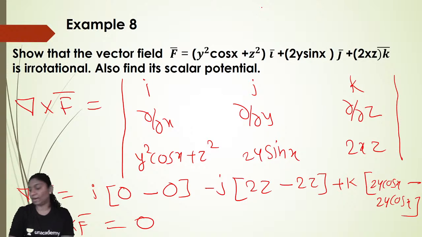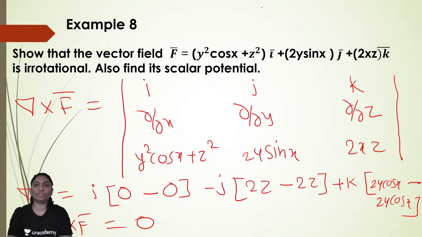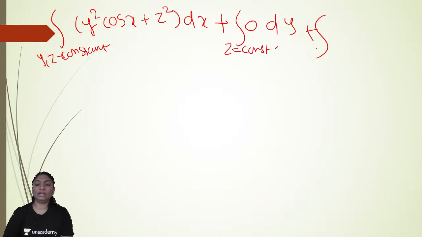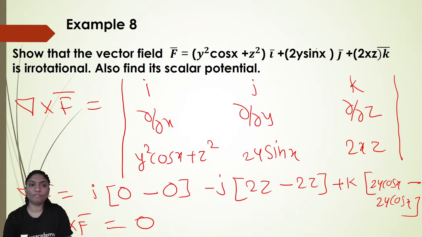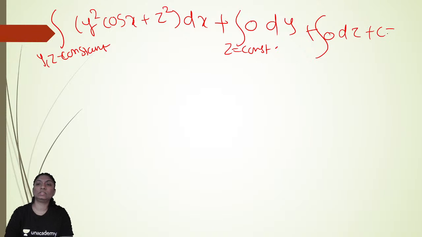Here f2 is 2y sin x, but there is no term free from x because sin x is present there. So we will get 0 dy, z constant, plus integral of f3 terms which are free from x and y. There is no such term again, so it gives 0 dz, plus c1.